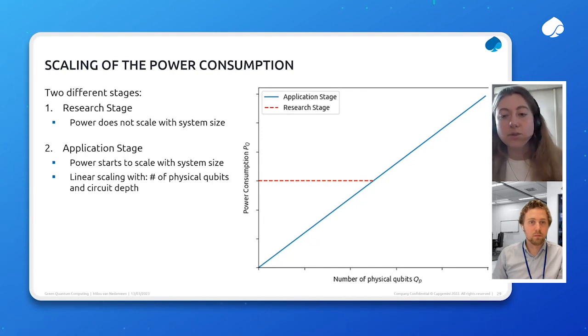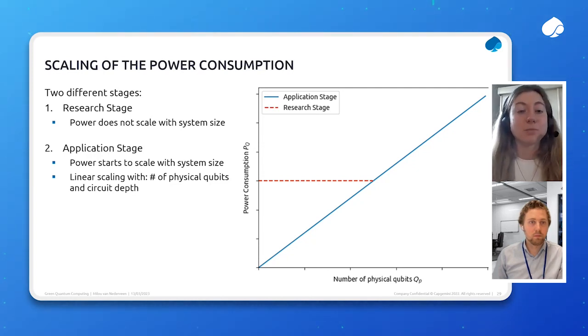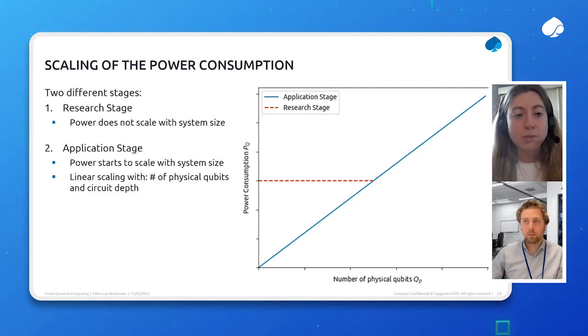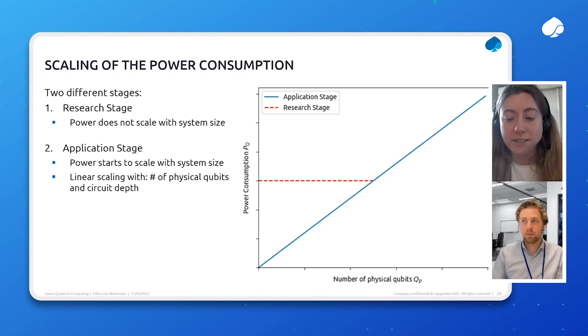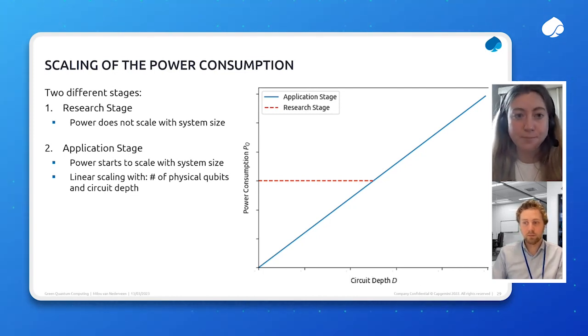And at some point in the future, the application stage will start to appear, where the power consumption does scale with the system size. Based on the paper shown before, some linear scaling on the amount of qubits and circuit depth is expected, which is shown in this graph.